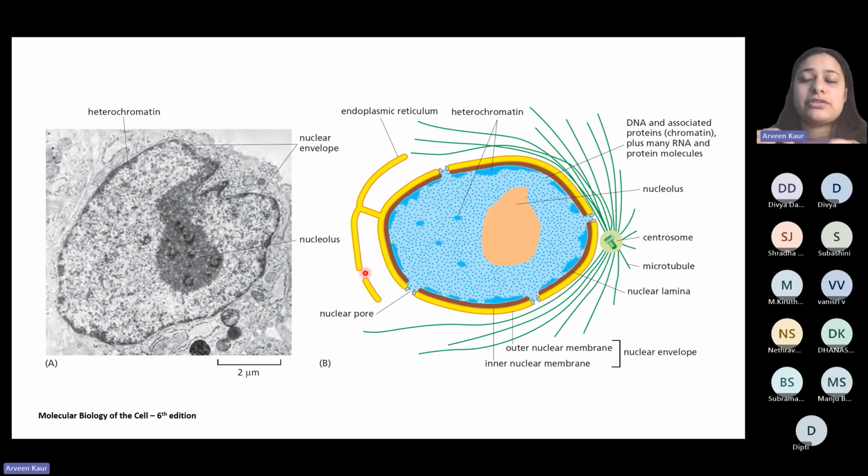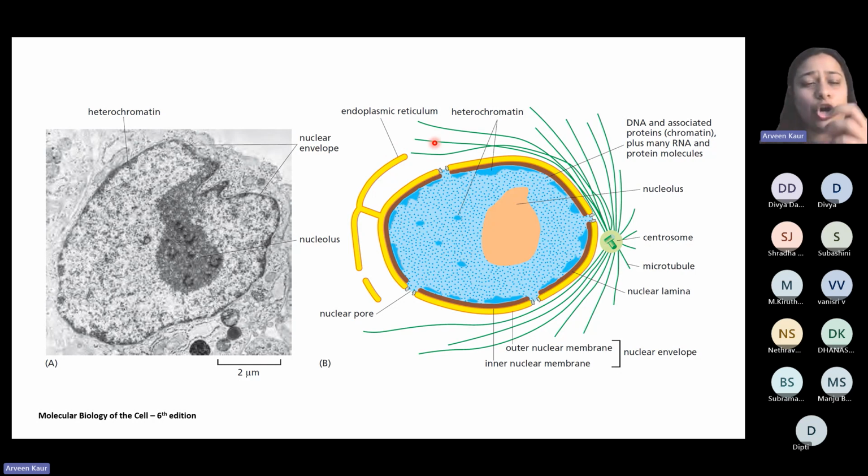Because some portion of free DNA should be there so that the transcription machinery, which is also a very heavy kind of protein complex, will come and sit on that portion of DNA, and then the length of the DNA should be available so that transcription can actually occur, right? But in case of heterochromatin, since the DNA is so densely packed, how will it be densely packed?